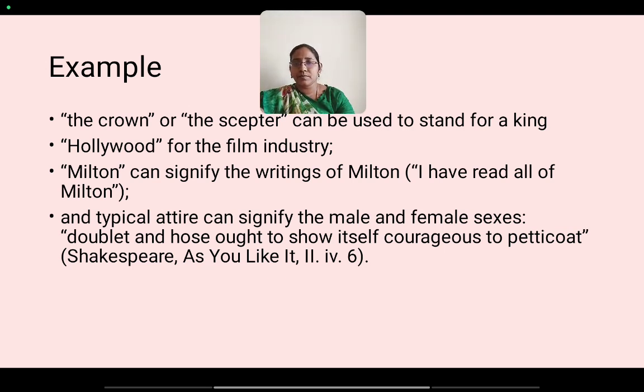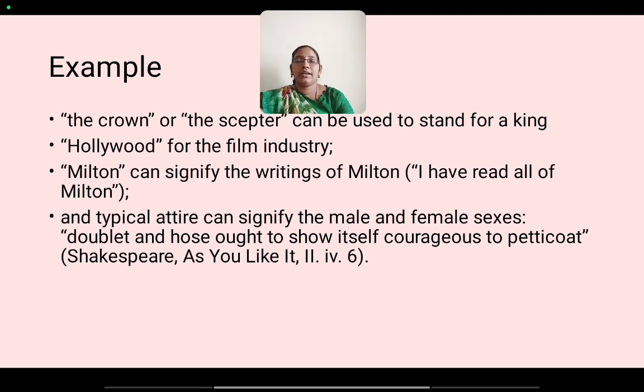Then there is another example from Shakespeare's As You Like It, when he talks about a typical attire that can signify the male and female sexes. Doublet and hose ought to show itself courageous to petticoat.